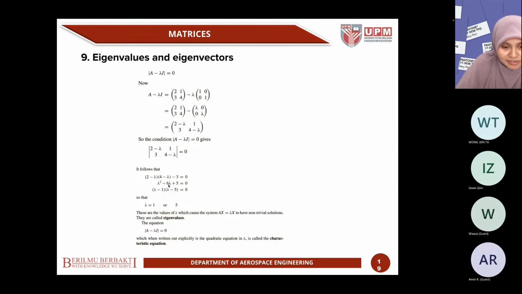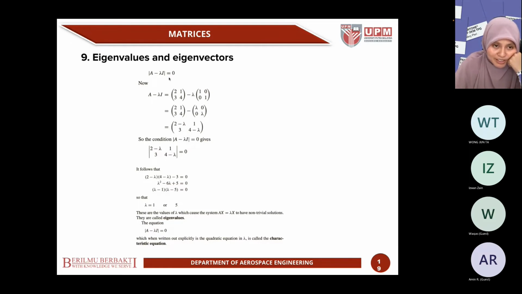If you factorize this equation, you get lambda minus 1 multiply with lambda minus 5. So the value for lambda in this example is lambda equals 1 or 5. These are the values of lambda which cause the system to hold. They are called eigenvalues. So lambda equals 1 and lambda equals 5 are what we call eigenvalues.